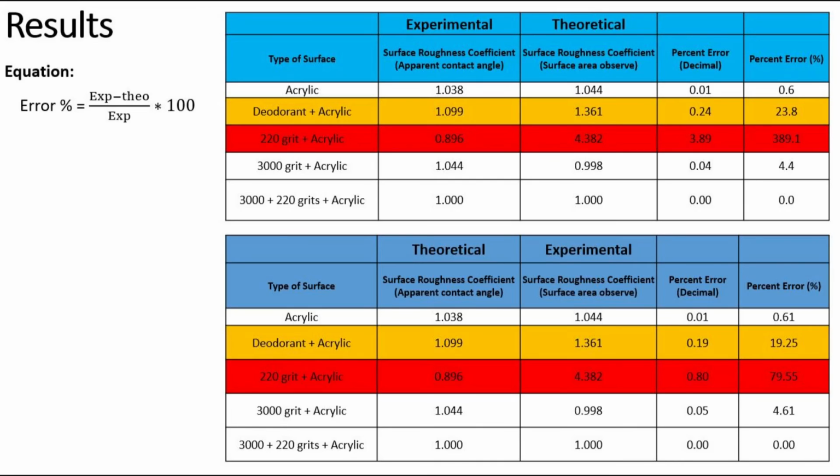So it's safe to say that the sanded acrylic with the 3000 grits and my super smooth acrylic piece wasn't too bad, because we're just referencing that as my ideal surface. And the acrylic material is still in the same range for the percent error going both ways.